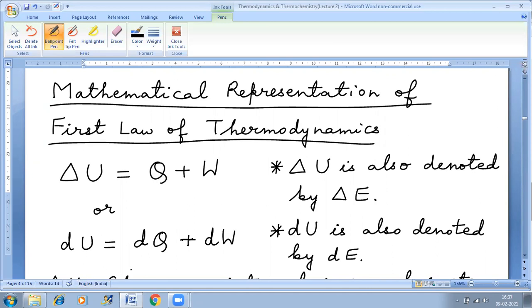So dU will be equal to dQ plus dW. So that dU is a very small amount of change in internal energy. dQ is a very small amount of heat, and dW is a very small amount of work done.